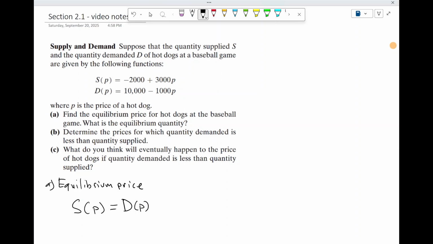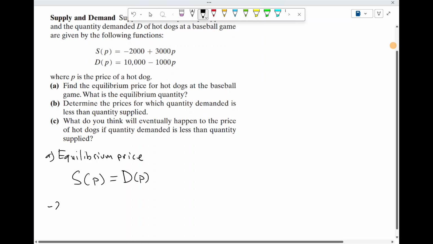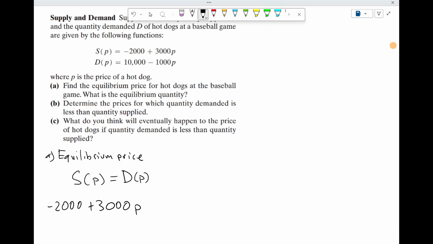So it's that special price at which the amount of hot dogs that the person is willing to cook at that price is equal to the amount of hot dogs that people are willing to buy at that price. And then we just plug in our numbers. And so we replace S of P with what it's equal to, and we're going to do the same for D of P. We're going to replace that with what it's equal to.